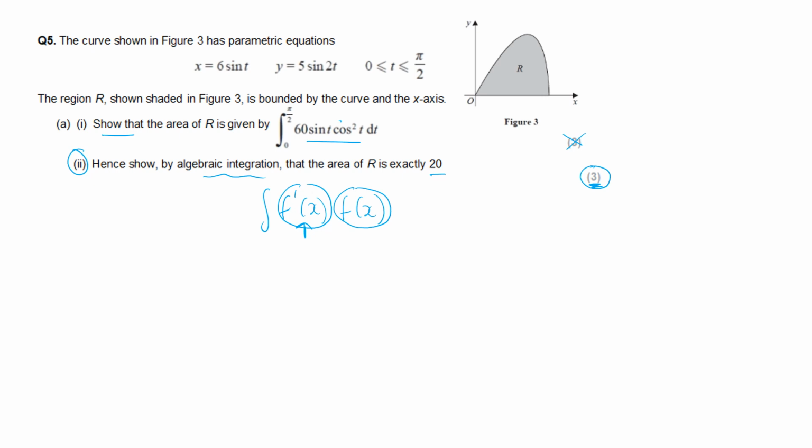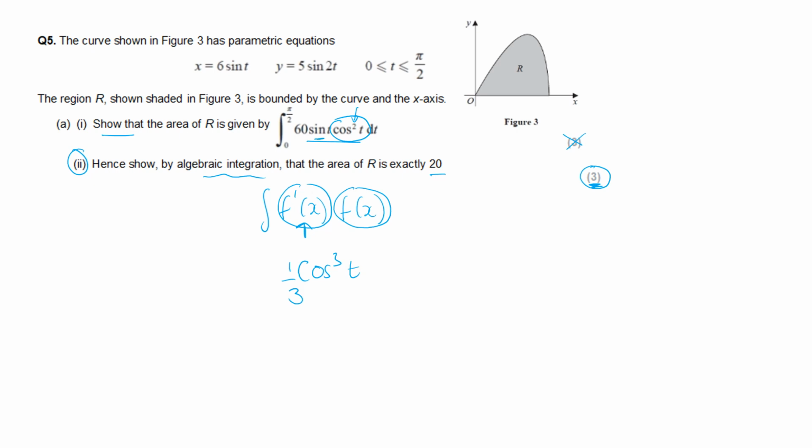So if we just look at the cos squared and integrate with respect to the outside function, which is the squared, cos squared t would integrate to add 1 on and divide by the new power. Now, if we differentiate that, the power would come down, cancel with that 3, and we'd get cos squared. That would be differentiating with respect to the outside function, but then we'd need to times by the differential of the inside.